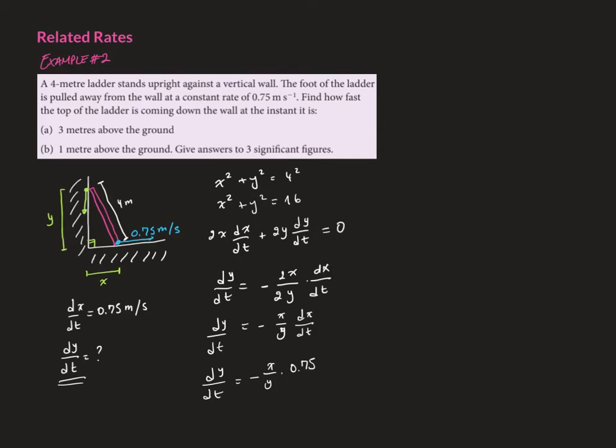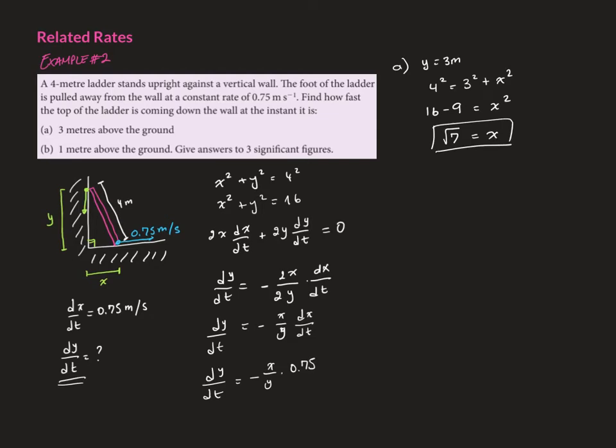Now, what are the values for x and y at the moment when the y value is 3 meters? So in that case, we have 4 squared equals 3 squared plus x squared. 16 minus 9 is equal to x squared. And root 7 is equal to x.